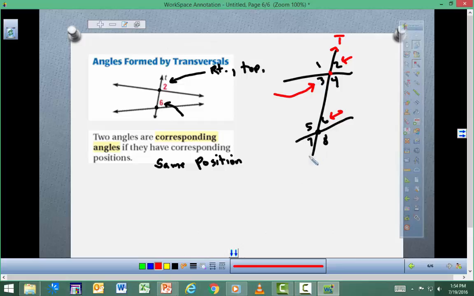So the corresponding angle with this angle would be this one, because it's on the bottom left also. Do you get it? So these 2 angles right here would be corresponding. Well, there's another pair. This is a bottom right, bottom right. This is a top left, top left. So there's several corresponding angles in this diagram that we have.